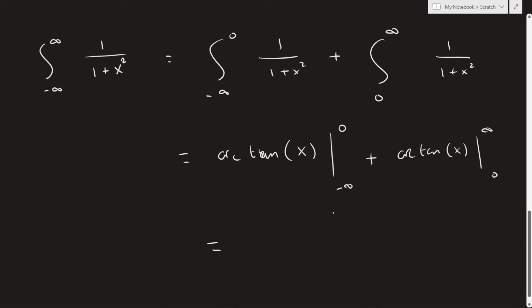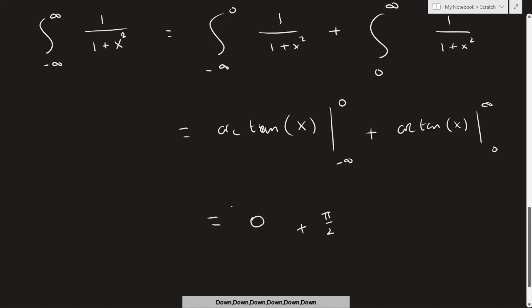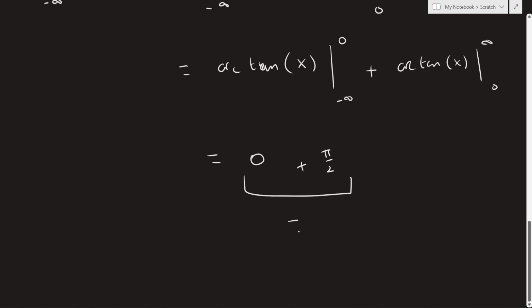So arctangent of 0 is 0. Then minus arctangent of negative infinity. It will be negative 1.57, which is basically negative pi over 2. And since there's two negatives, we can just make it a positive. So the first part here is pi over 2.